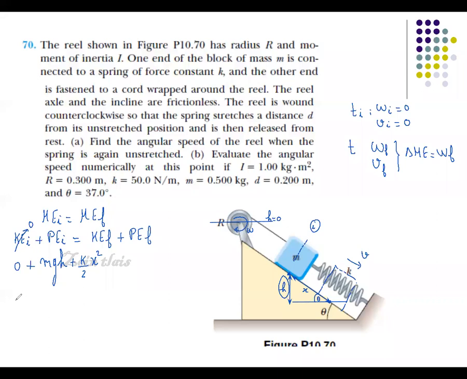So we can write directly mg times x sine theta plus k over 2 times x square, equals kinetic energy final.